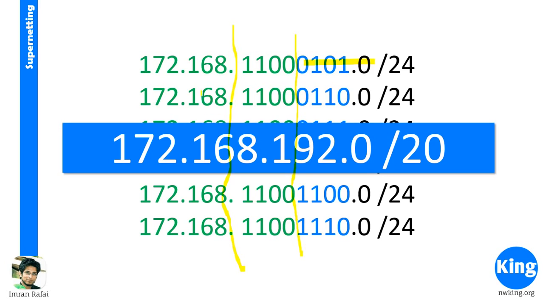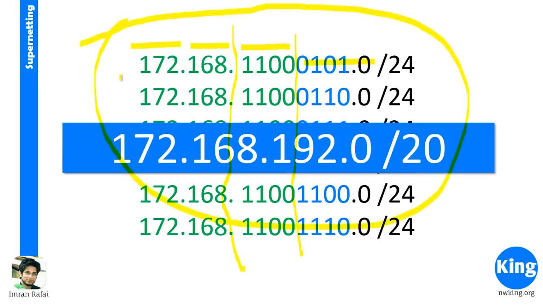How did I get /20? Count how many bits are here. So this has 8 bits, this has 8 bits, and the 4 bits here. So 8, 16 plus 4 is 20. So 20 bits. 172.168.192.0/20 represents all these 6 networks.